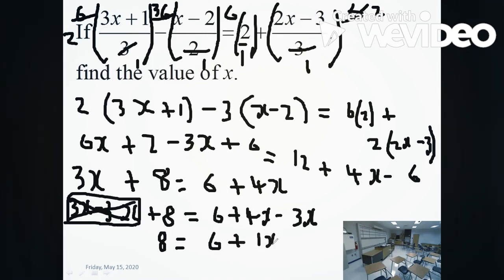Let me put the 1 here. And what we're going to do, we're going to subtract 6 from both sides. So we end up with x equals 8 subtract 6.